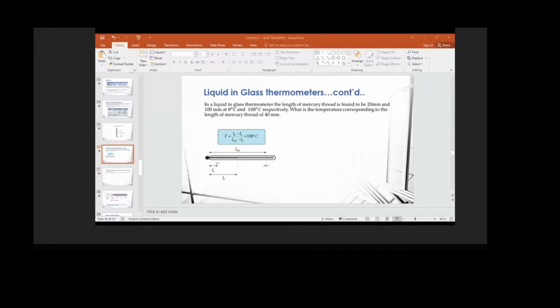And you minus L0 from it, which is L0 is the distance from the bulb to where 0 would be on your thermometer. Right? And then L100 is the length from where the bulb is to where 100 degrees will be. Right? And then we multiply it by 100 degrees Celsius, and that will give us the temperature at that specific length that the liquid is in.